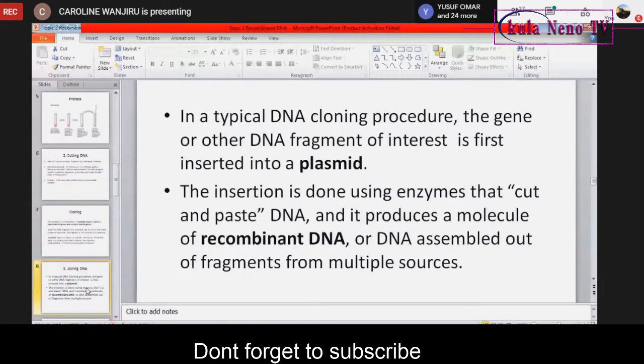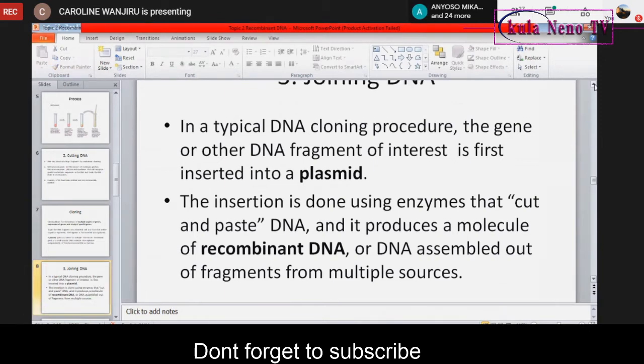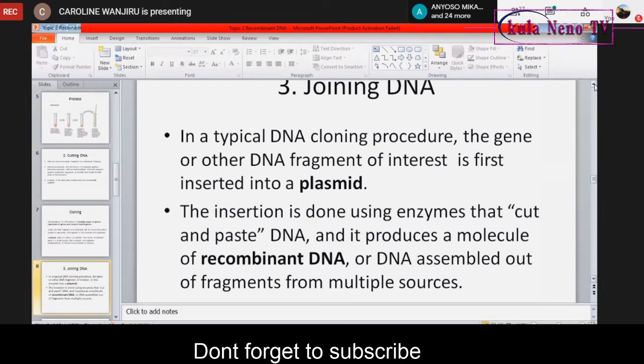So once you've cut your gene of interest and you have identified your plasmid, what do you do? You want to join the DNA. In a typical DNA cloning procedure, the gene or other DNA fragment of interest is first inserted into a plasmid.